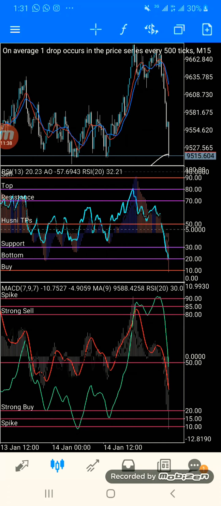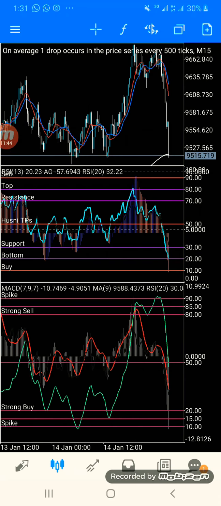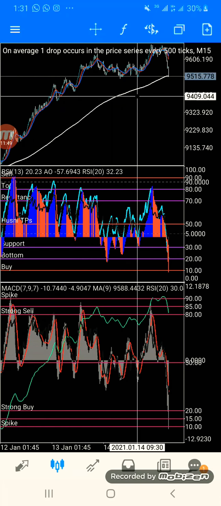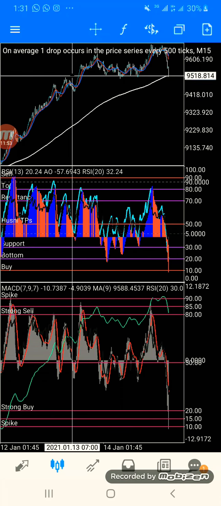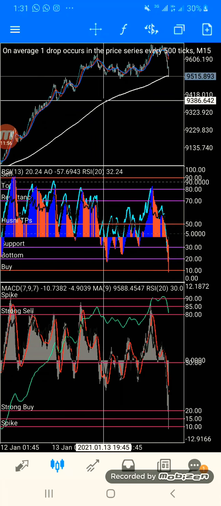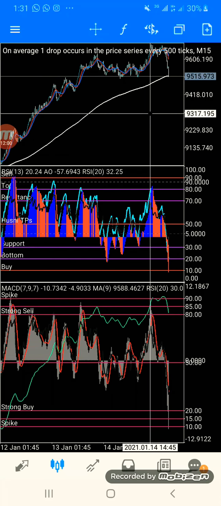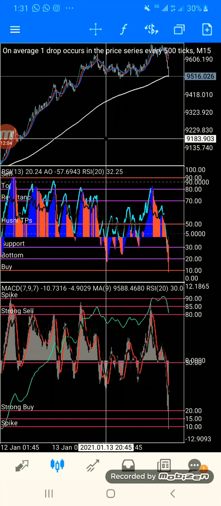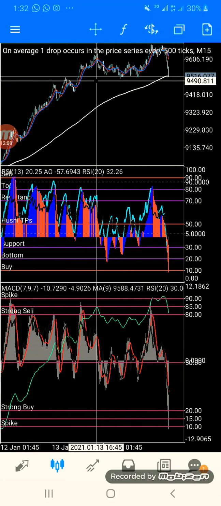Let us go on Crash 500 right now. Crash 500 seems that we will have a good chance if price comes below this white moving average. This white moving average indicates whether price is high or low. For example, when price is below this, we are at the support zone, and when price is at this, we are at the resistance zone.